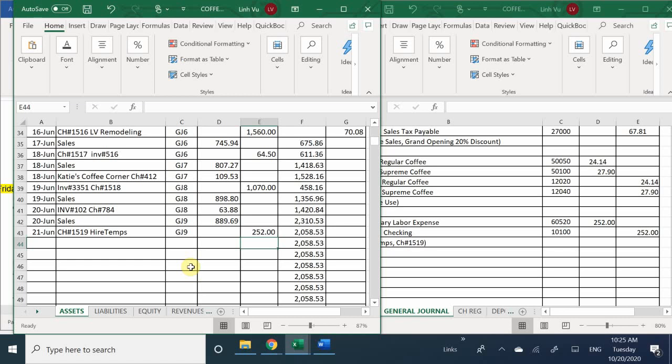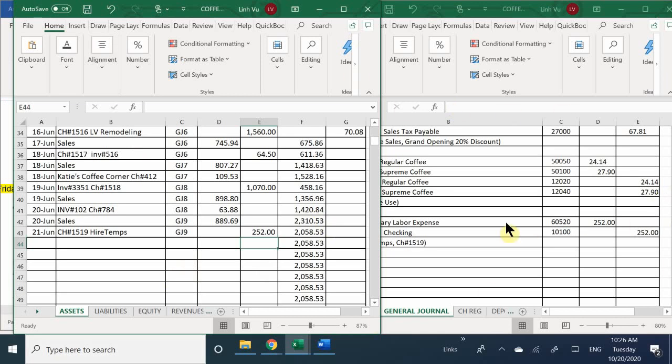Where do I need to go next? Subsidiary ledger, Hire Temps.